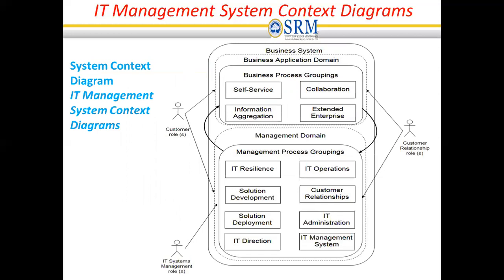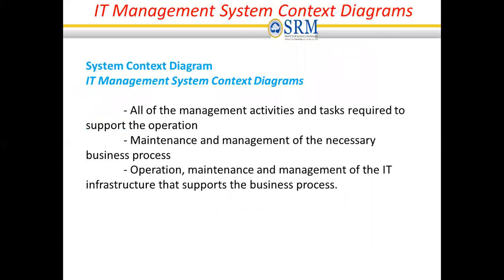In the business and IT management combined process model, there are three types of roles, namely customers, IT management personnel, and customer relationship personnel. So all these users are shown here, and the business application domain and management domains are shown here in this diagram.